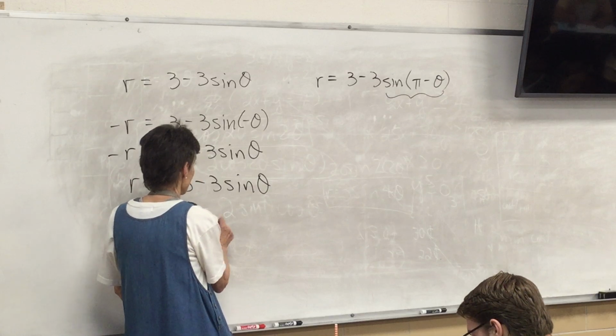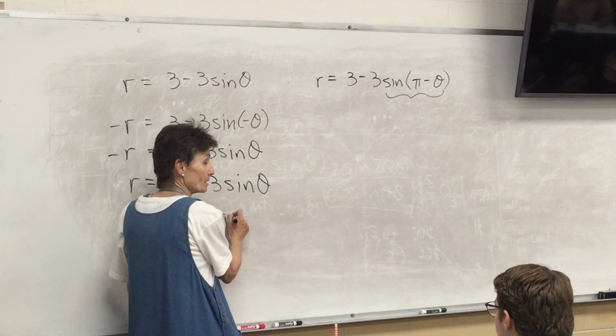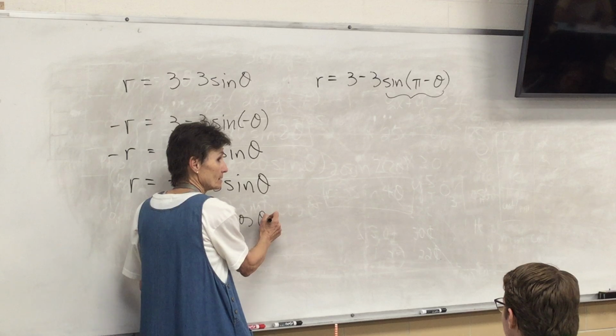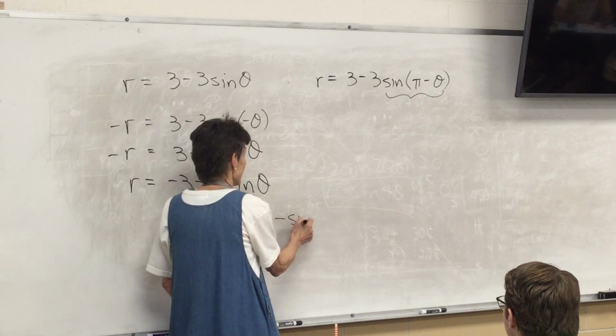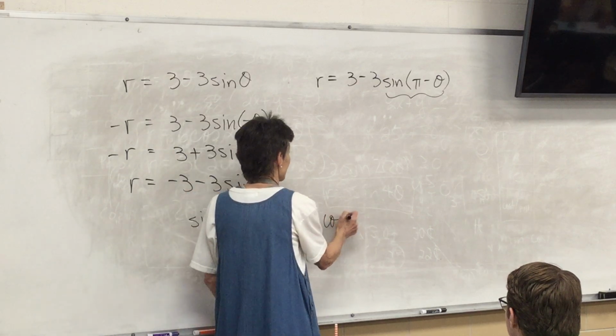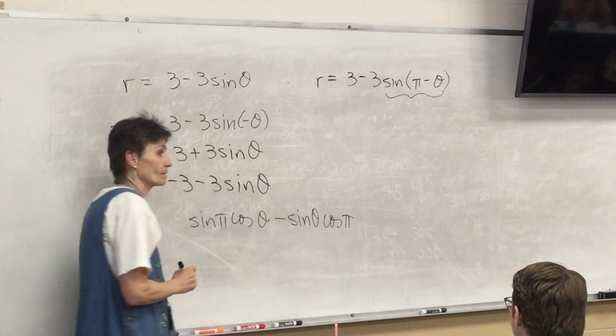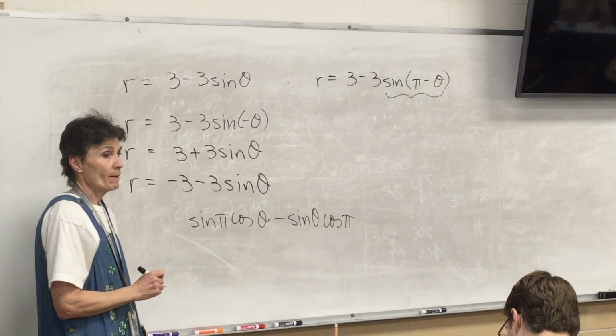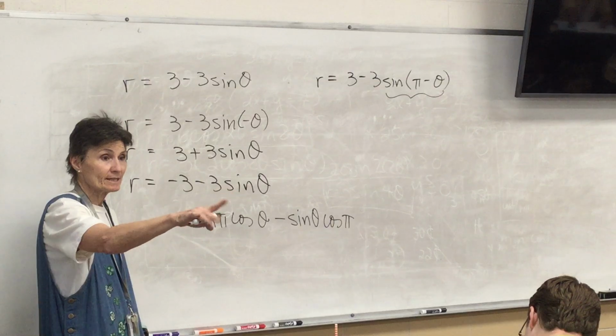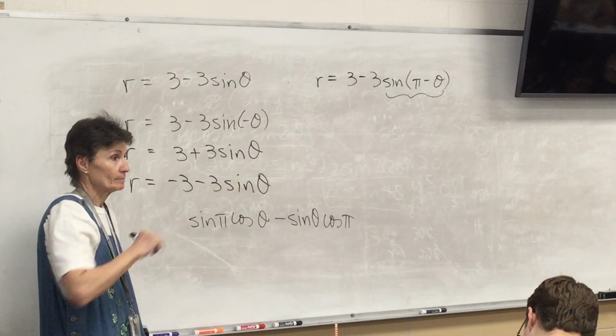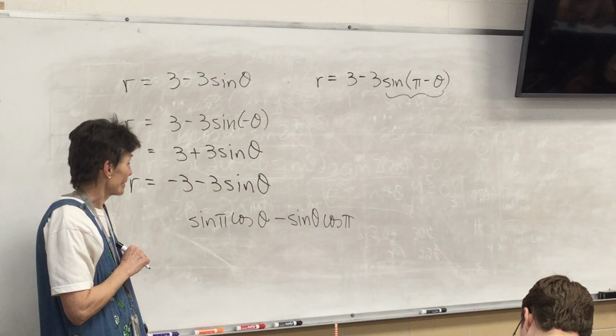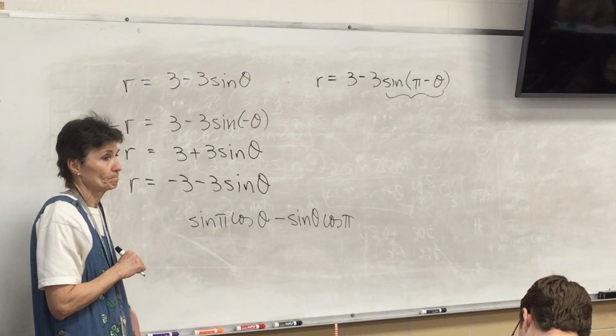That's sine of the first, cosine of the second, minus sine of the second, cosine of the first. Remember, those are the UV things on your colored sheet. What's the sine of pi?